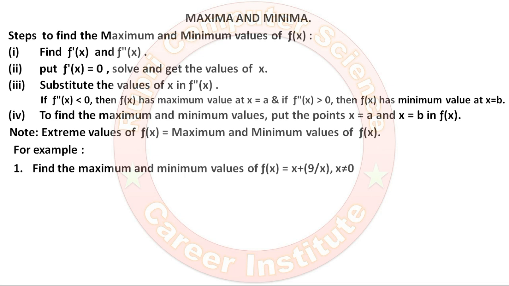This question can also be written in another way, that is, find the extreme values of f(x) is equal to x plus 9 divided by x, where x is not equal to 0.